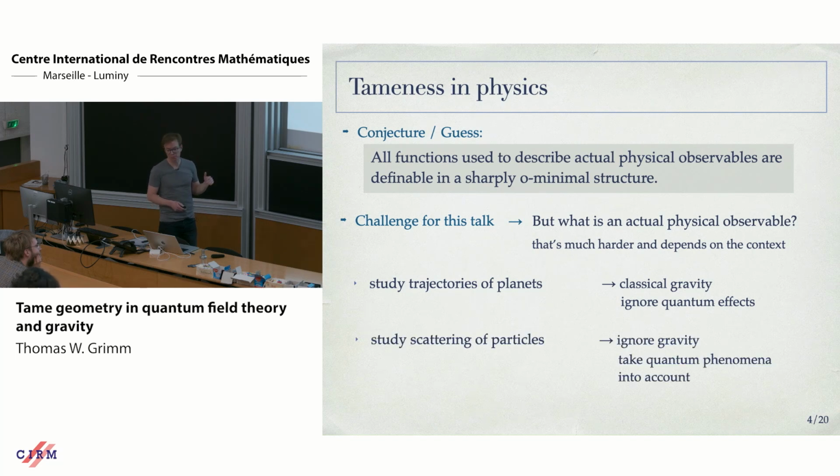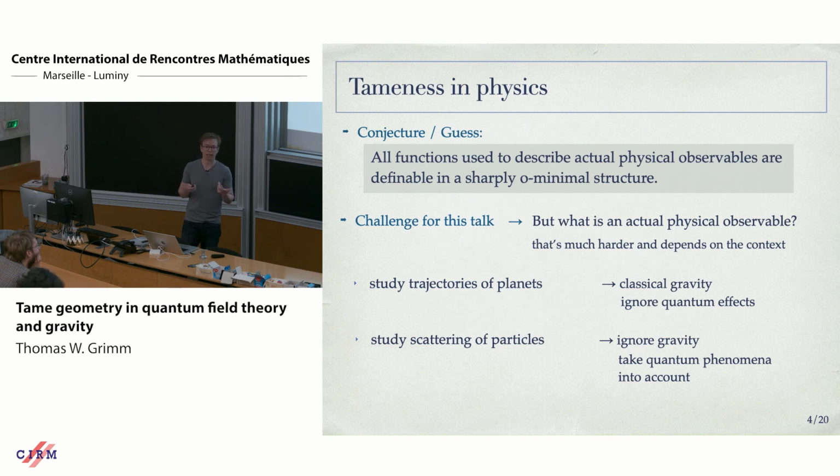However, in this talk, I will talk mostly about quantum theories and initially ignore gravity. So in this quantum theory, you have to take quantum phenomena into account, and the story gets even more subtle, what is an actual physical observable.